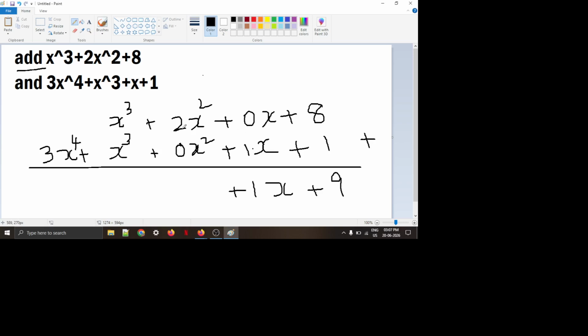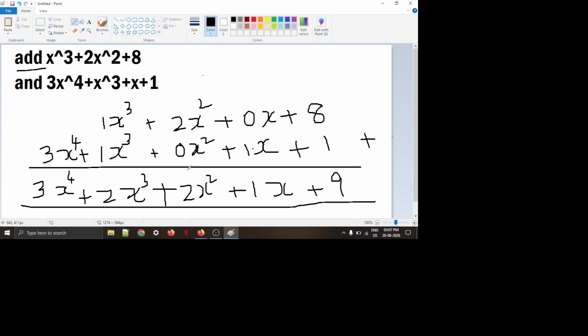Here it is 1x. 2x square plus 0x square, so you write 2x square. And here 1 plus 1 is 2, and you put the term 2x cube. And for the last one, it is 3x power 4.